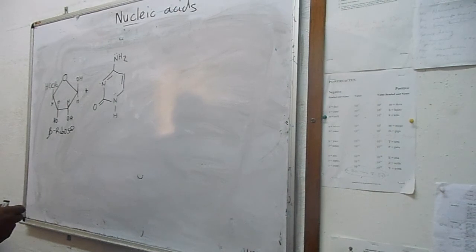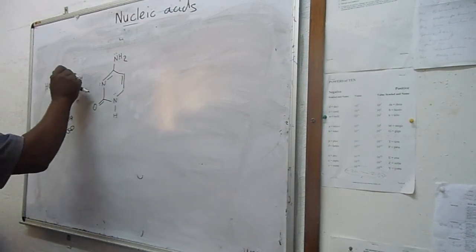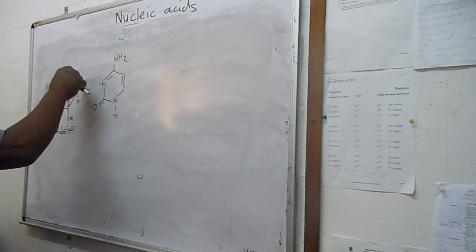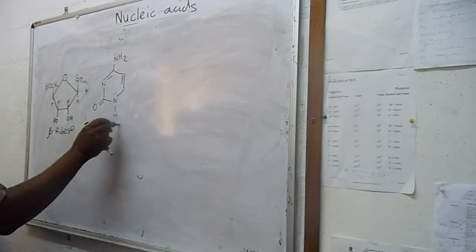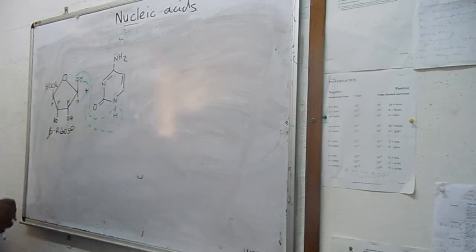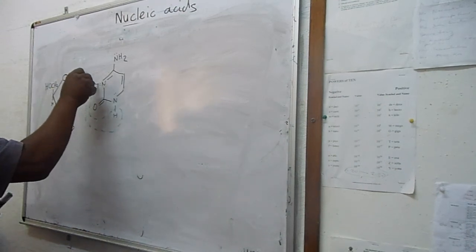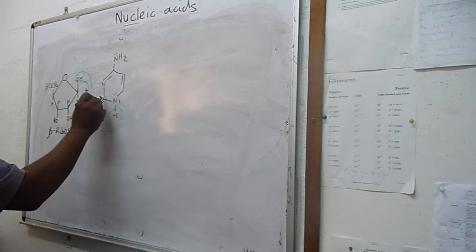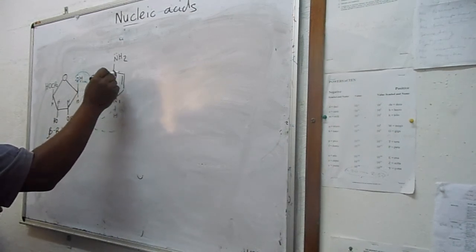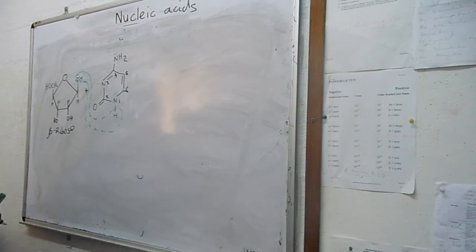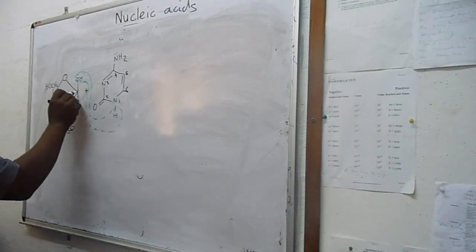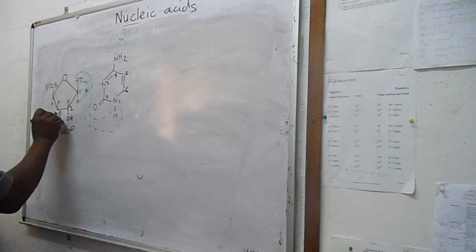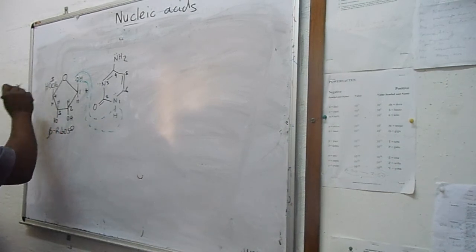So what is going to happen is that this sugar can react, this hydroxide at the anomeric carbon can react with this hydrogen at position number, what position is this? Remember we said this is position number 1, 2, 3, 4, 5, and 6. And in the sugar, this is position number 1, 2, 3, 4, 5.